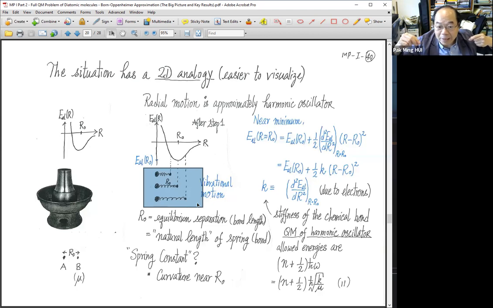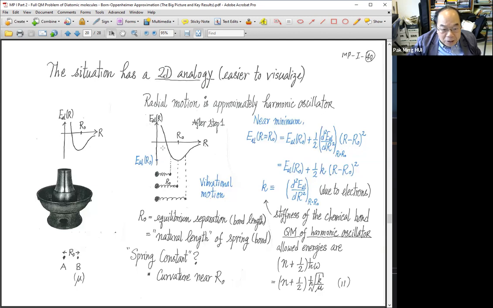Now, more mathematically, when you see a minimum, you can do a Taylor expansion. The first order term is 0 because force is 0, so the first derivative is 0. It's a minimum, thereby the leading term is quadratic. Nicely, the electron's behavior provides the spring constant.